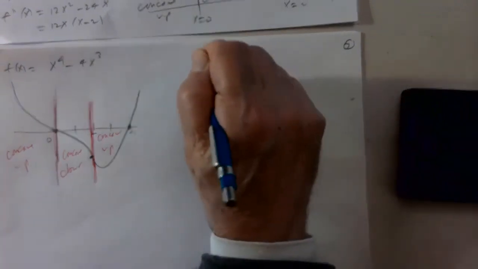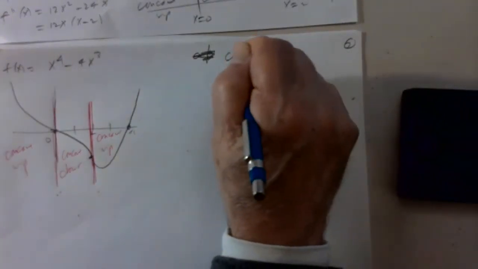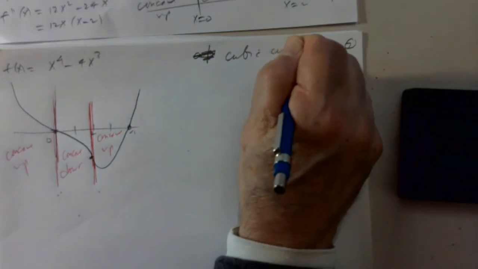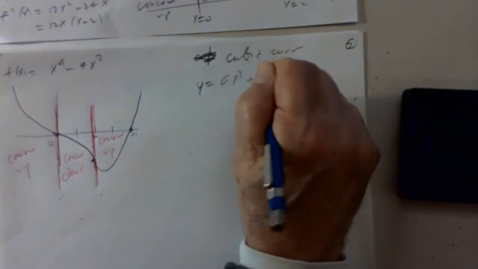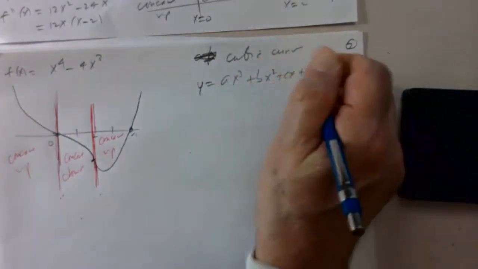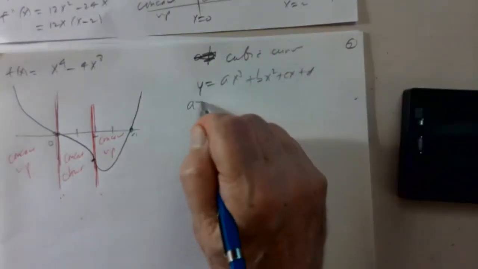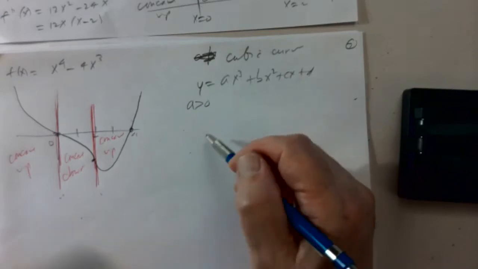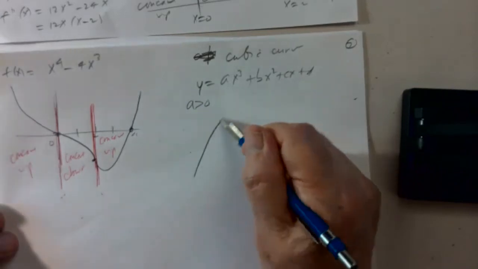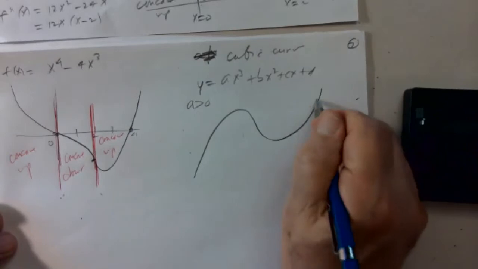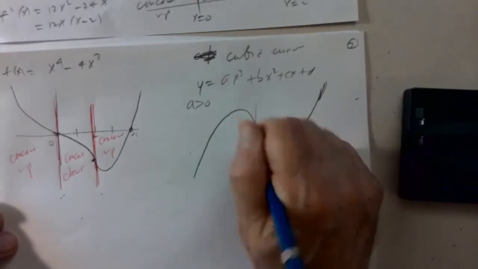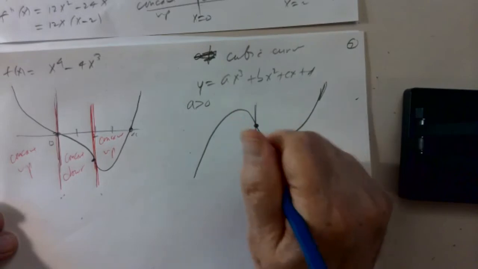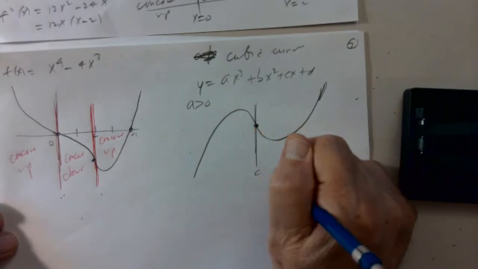A cubic curve, which means the graph of a polynomial of degree 3, almost always looks like this. If a is positive, this curve is going up, down, and up again. And typically there's exactly one point, c, which is an inflection point.